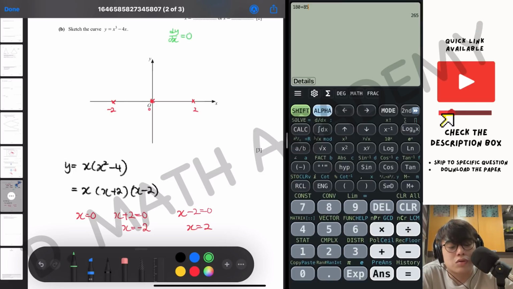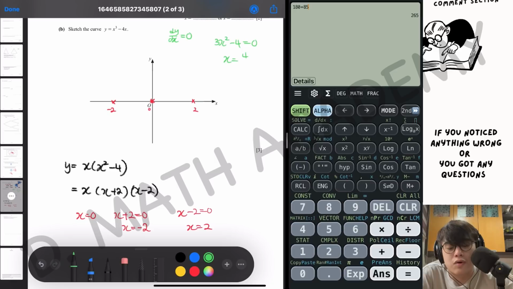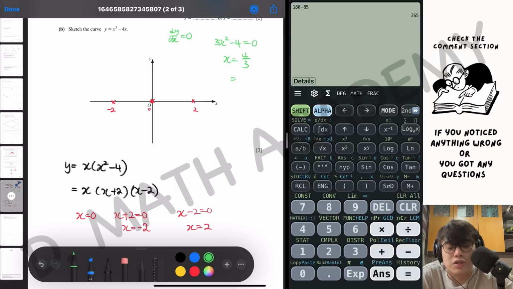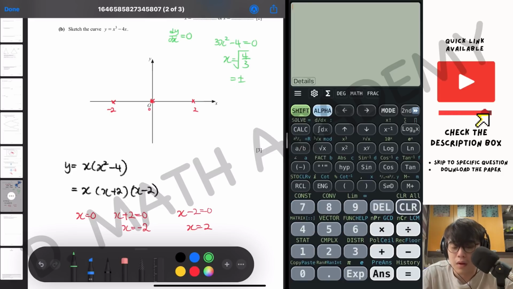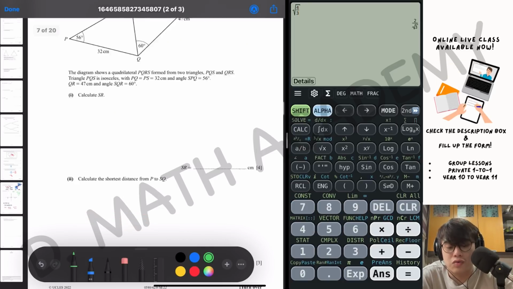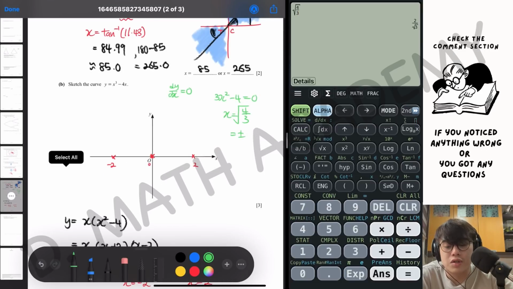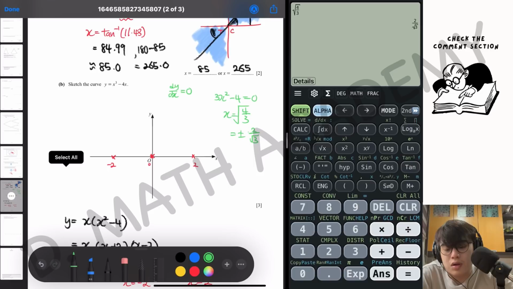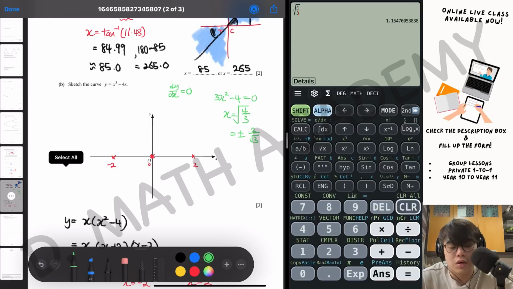So you have 3x squared minus 4 equals to 0. x will be plus or minus the square root of 4 over 3. So there was 2 turning points. Okay, the value was 1.15.